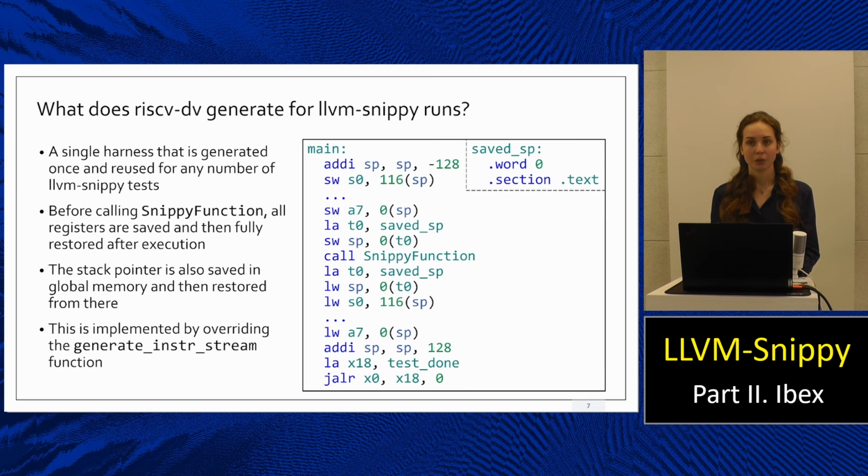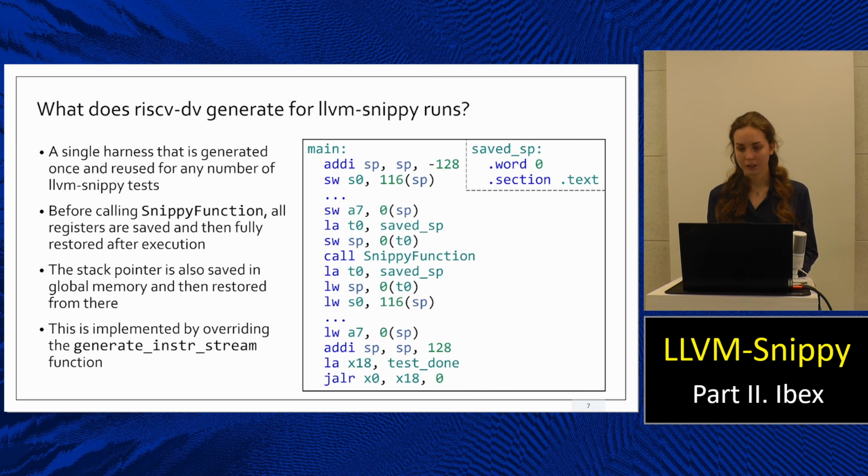The test itself is built on top of riscv instr-based test, so we stay within the standard structure of riscv-dv tests. But we change its substantive part. By overriding the generate instr stream function, instead of random instruction sequences, riscv-dv generates a template that calls SnippyFunction.